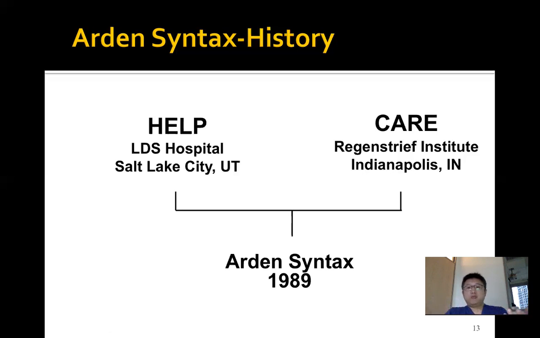LOINC was developed at Regenstrief, and one of my committee members, Clem McDonald, is something like the father of LOINC. He is from Regenstrief. I think the idea is they wanted to create clinical decision support that can be shared across different institutions. So the most important thing is we need a standard model that can be used in two places. So that's the idea.